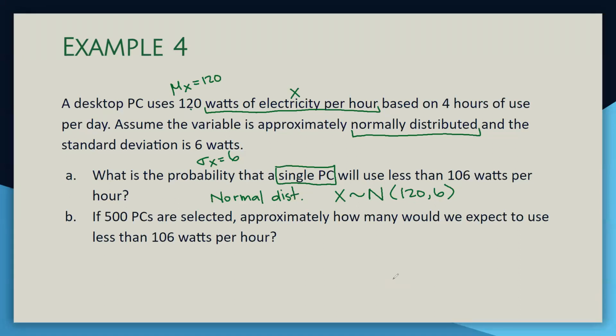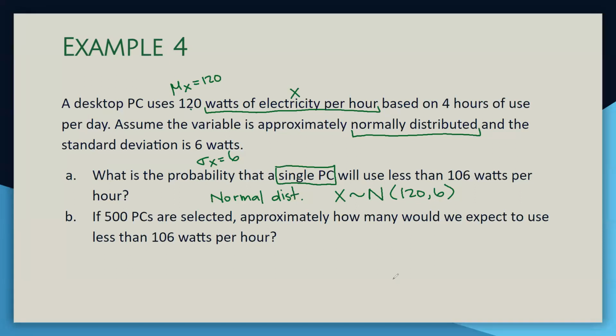So this has nothing to do with the average wattage usage for a group of PCs. It's actually a completely different question. It's asking, based on our answer to A, we now know the probability that a single PC will use less than 106 watts. In other words, I know the percentage of PCs that will use less than 106 watts.